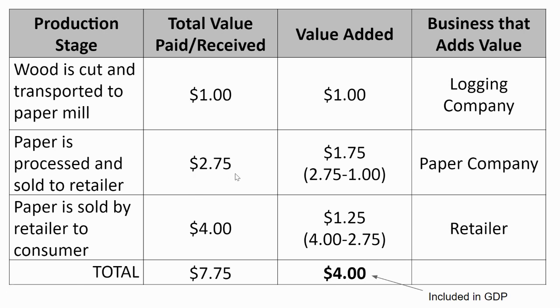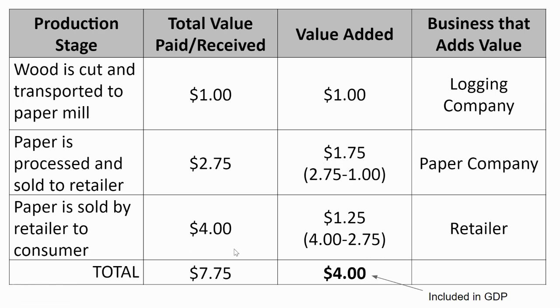That $2.75 was not all contributed to our economy. That was not all put towards people's wages and given back to the economy. $1 of that was given to the logging company, which we've already counted as a contribution to our economy. So really, when we're talking about value added, the paper company only added $1.75 to the economy.